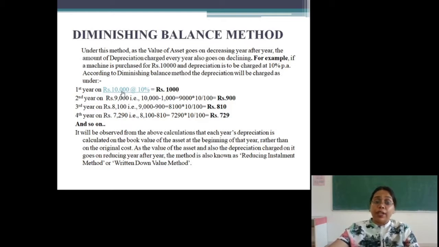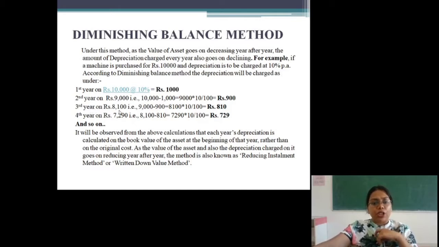Next year, we deduct the 1,000 from the original cost, that is 10,000 minus 1,000, so the value of the asset for the second year will be 9,000. Now in the second year, we will charge depreciation not on 10,000 but on 9,000, that is 10% of 9,000, which will be 900.